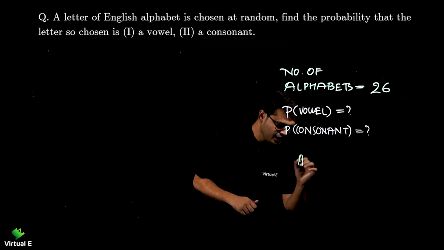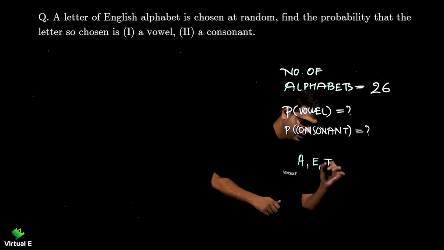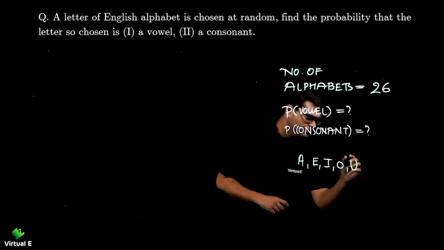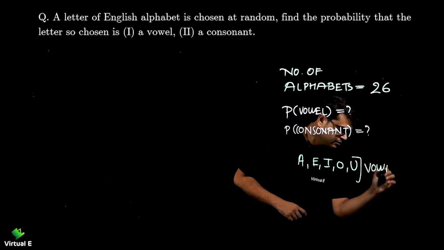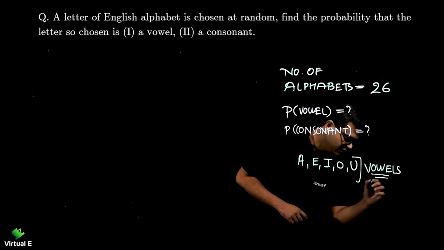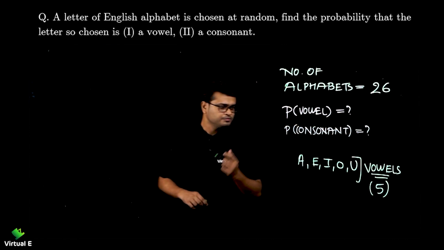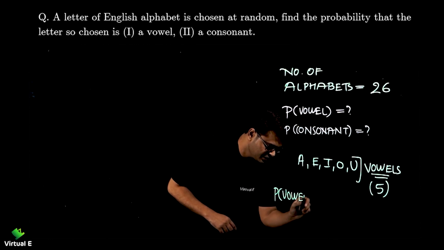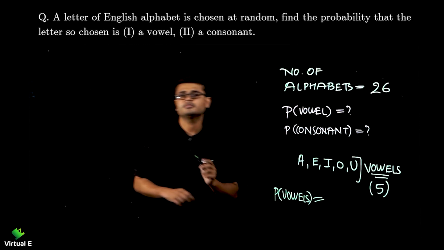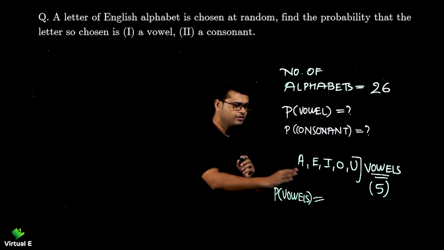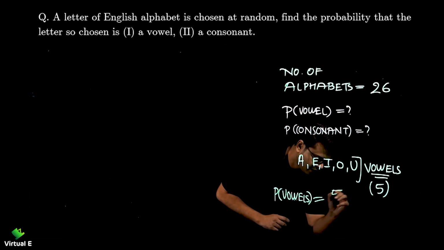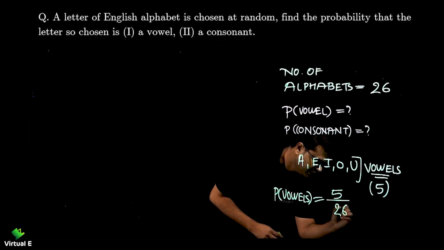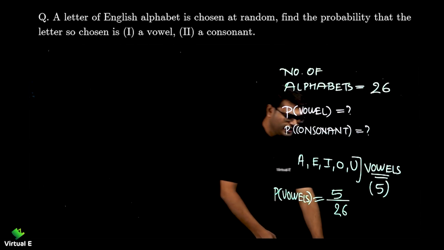That is A, E, I, O, U. There are 5 vowels. So for favorable outcomes, 1, 2, 3, 4, 5, and total number of outcomes, simple, that is 26. Done, right? Easy question.